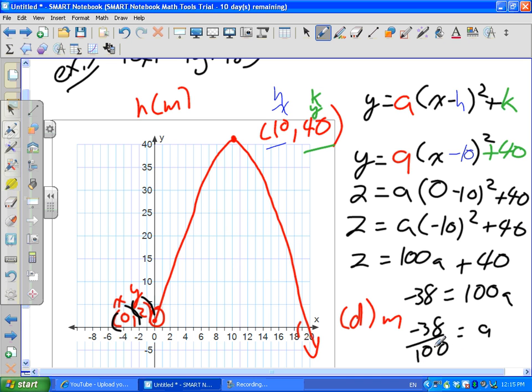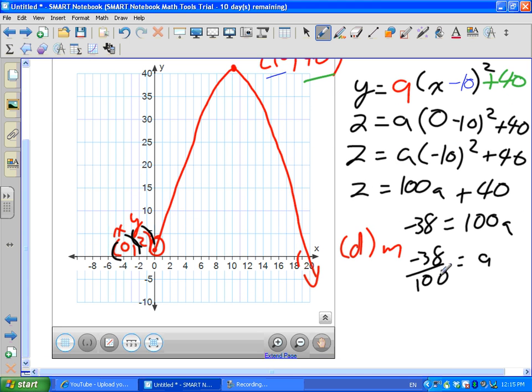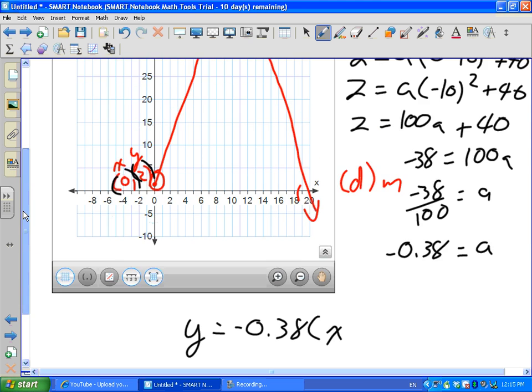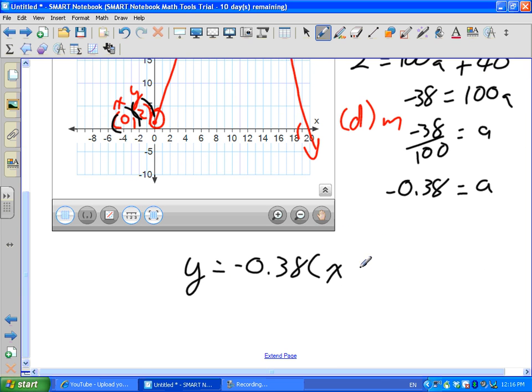So this is one of those instances where a is not a very nice round number. In fact, it's a fraction. I could write it as a decimal also. The decimal would be negative 0.38. Okay? So look at that. a is not a nice round number, but I could still make an equation out of it. My final equation is going to be y is equal to, I can write this as a fraction or a decimal, negative 0.38 times (x - 10) squared plus 40.